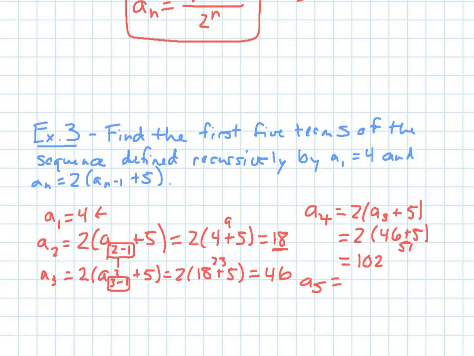And then a sub 5 needs you to use a sub 4's term. And so then that is 102 that you just found. Okay? So that gives you 107. So then when you multiply that by 2, it gets you 214. So there are your first 5 terms.